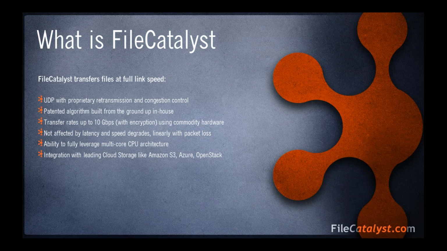We're not affected by latency or packet loss, so we can send files practically on any IP network. And we are integrated with a number of cloud providers today, for example Amazon S3, Azure, OpenStack, just to name a few, to give you the ability to move data fast to the cloud.